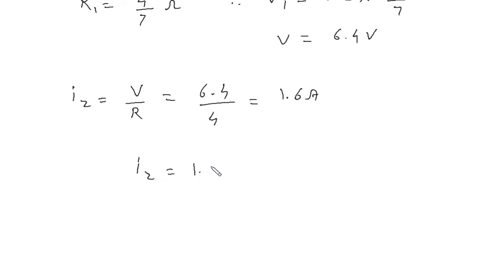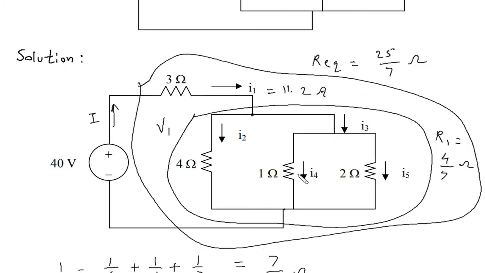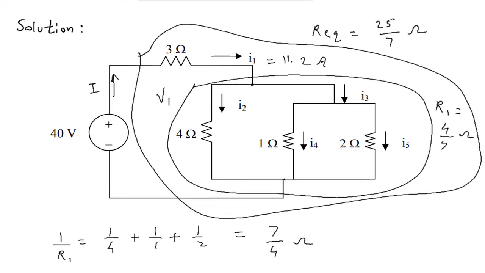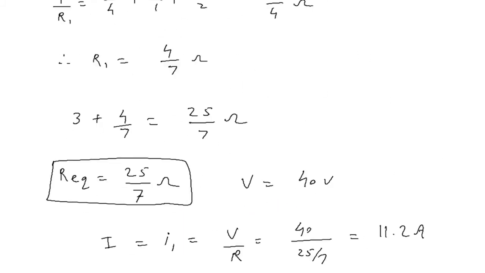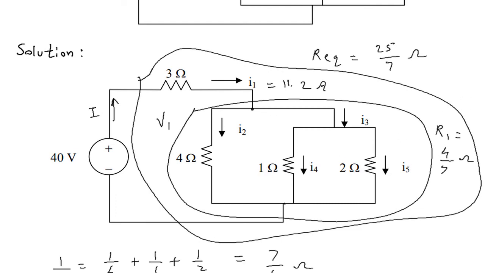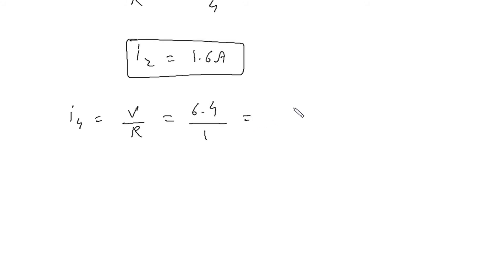I2 is equal to 1.6 ampere. Then next, I4 is equal to V by R. V is 6.4 and R is 1 ohm. So this will be 6.4 ampere. I4 is equal to 6.4 ampere.